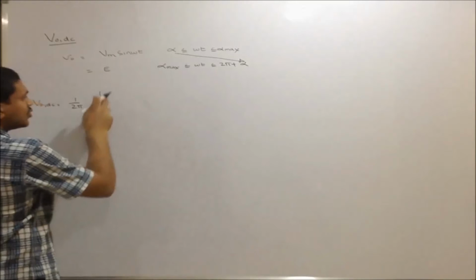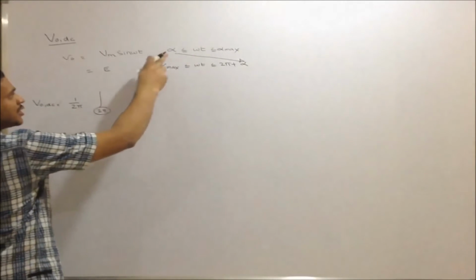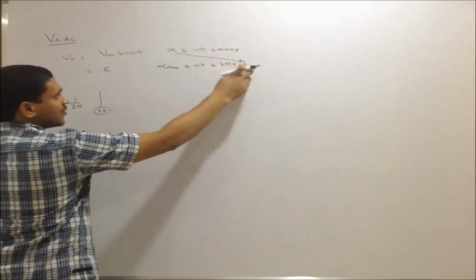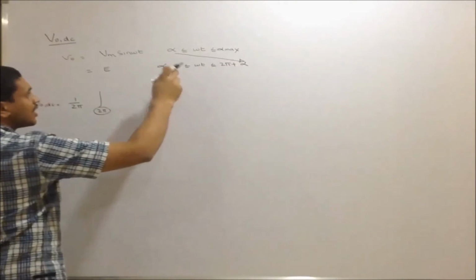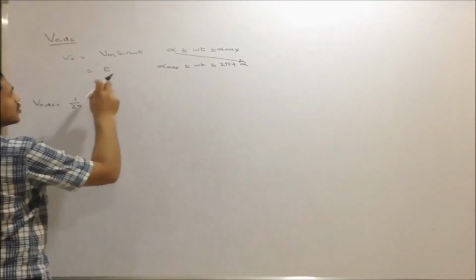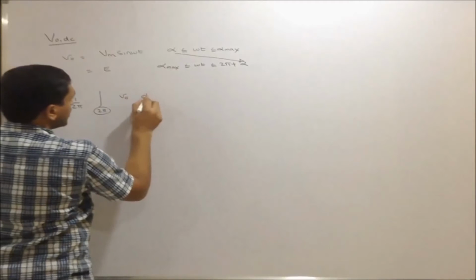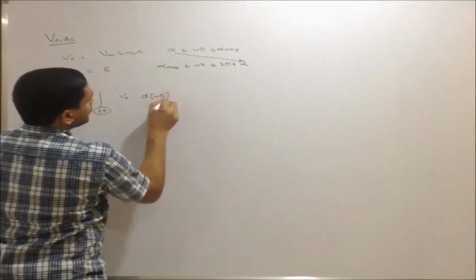Instead of 0 to 2 pi, I can put alpha to 2 pi plus alpha, because I have written the waveform and the equations in that form. So I expand from alpha to 2 pi plus alpha instead of 0 to 2 pi, V0 into d omega t.